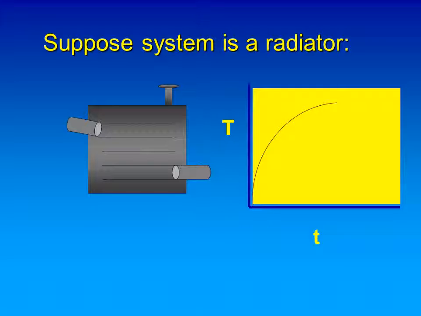If we look at the temperature when we first start the car, over time that radiator is going to heat up and all the liquid in it is going to heat up, and that will increase with time until finally the radiator will be warmed up, the car will be warmed up, and you won't see the temperature changing anymore. You'll have a constant temperature there. Once it reaches that constant temperature, we have what we call steady state.